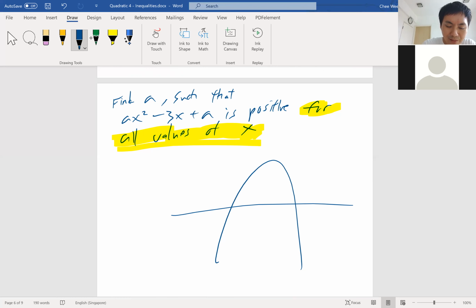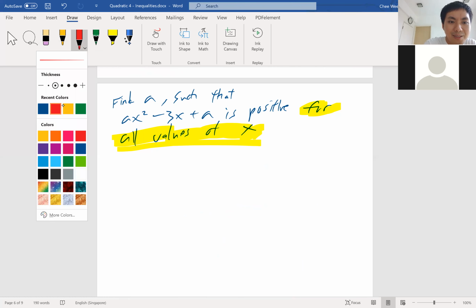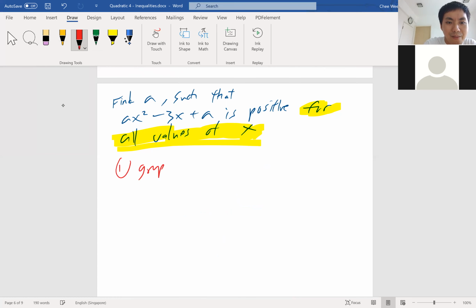So when you have such a question, the whole idea is this. Firstly, the graph has to be U-shaped. The second thing is b squared minus 4ac has got to be less than 0.